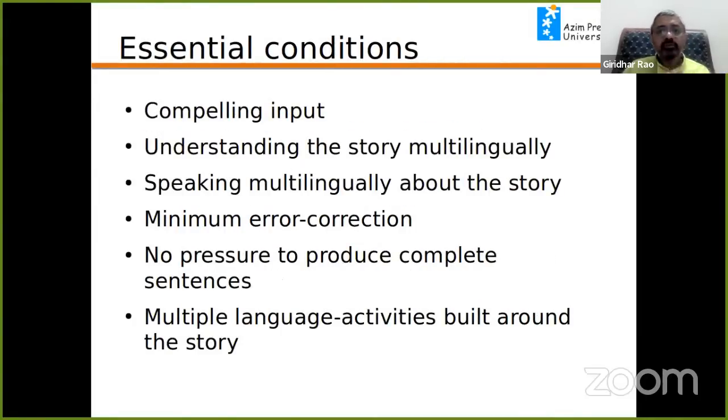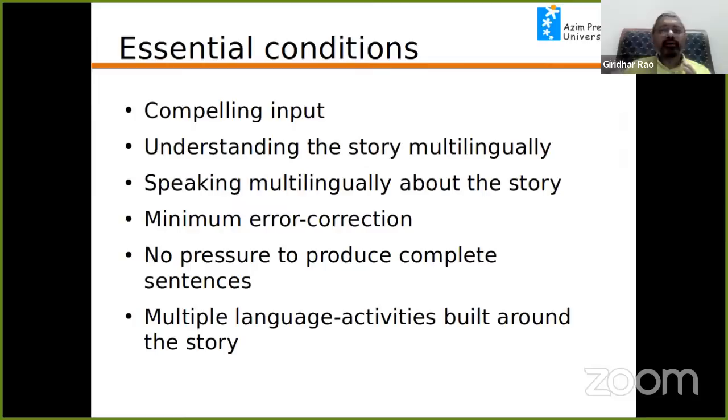So finally, these seem to be the essential conditions that help second language acquisition. The first is compelling input. By and large, the most important condition seems to be that the story has to be interesting, that whatever is happening has to be compelling, right? A second part seems to be that in a country like India, understanding the story multilingually is a good strategy.